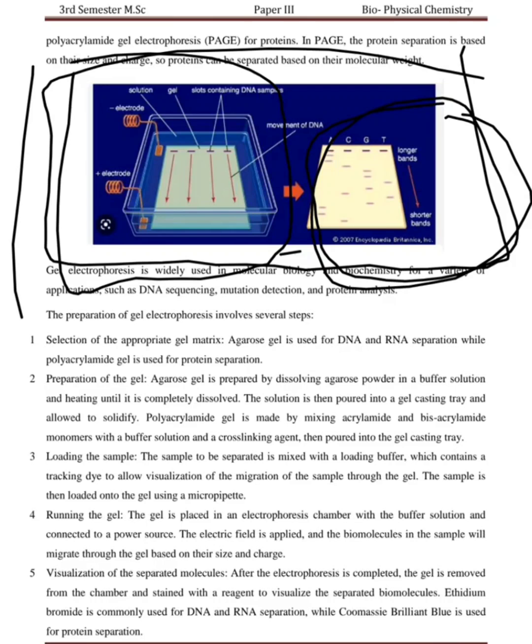Using the gel electrophoresis method, DNA and RNA can be separated, mutated, joined with another sequence, and the sequence can be changed. Depending on this, gel electrophoresis is used.